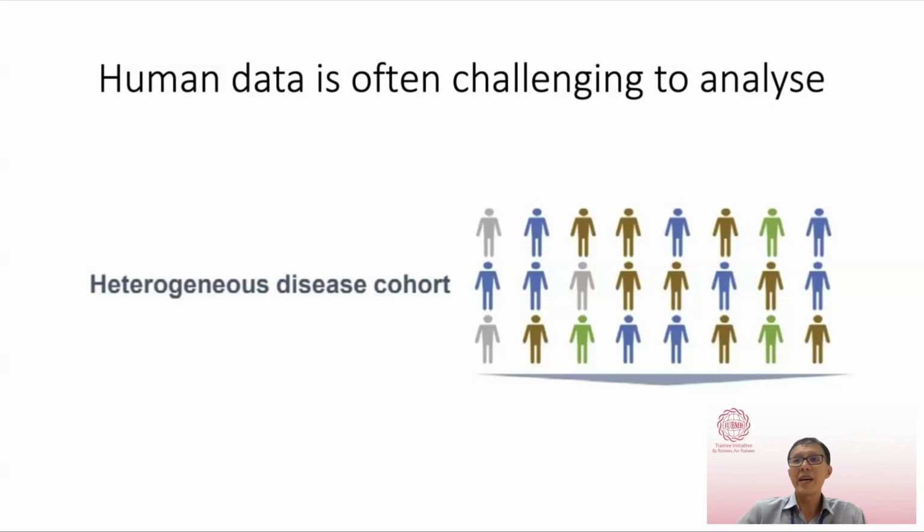Sometimes you can use this heterogeneity to your advantage, to understand why different people may respond to a vaccine or a virus differently. But sometimes this heterogeneity can be quite complicated.